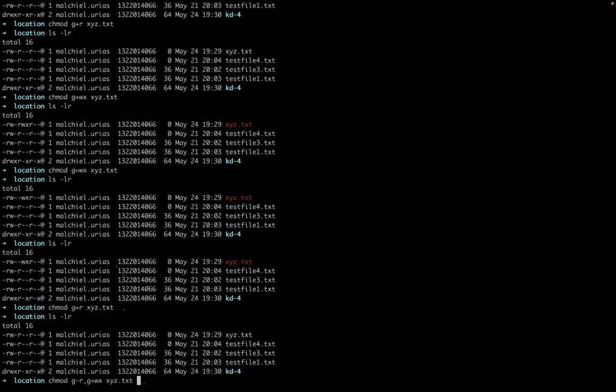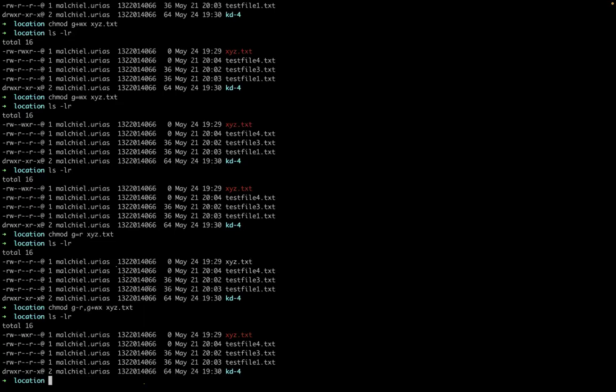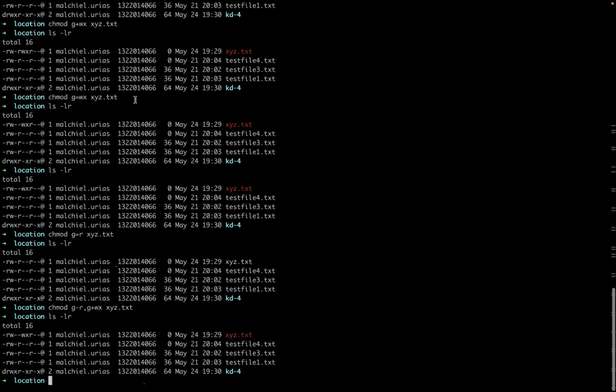I think this might work. X.text. Okay, that works as well. So you can also use that method. What we did before was we used space. So instead of using space, you can just use comma. And that works too.